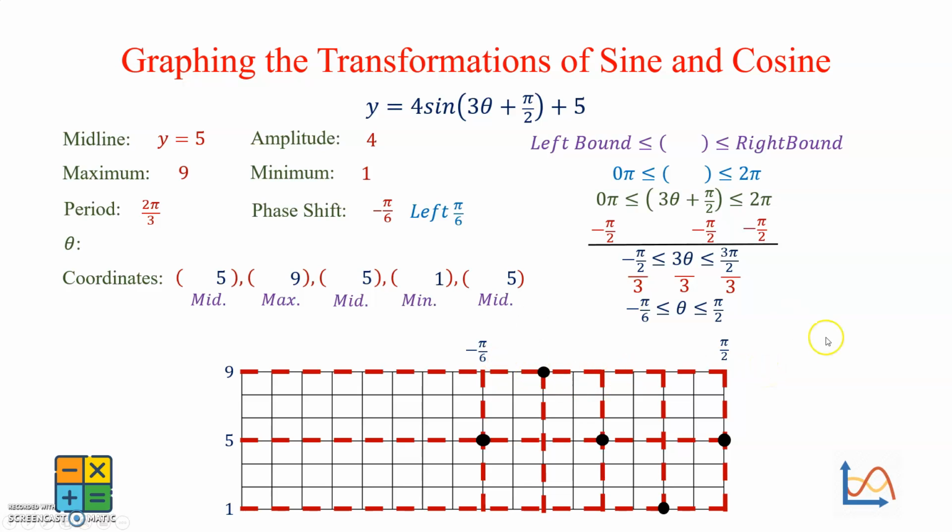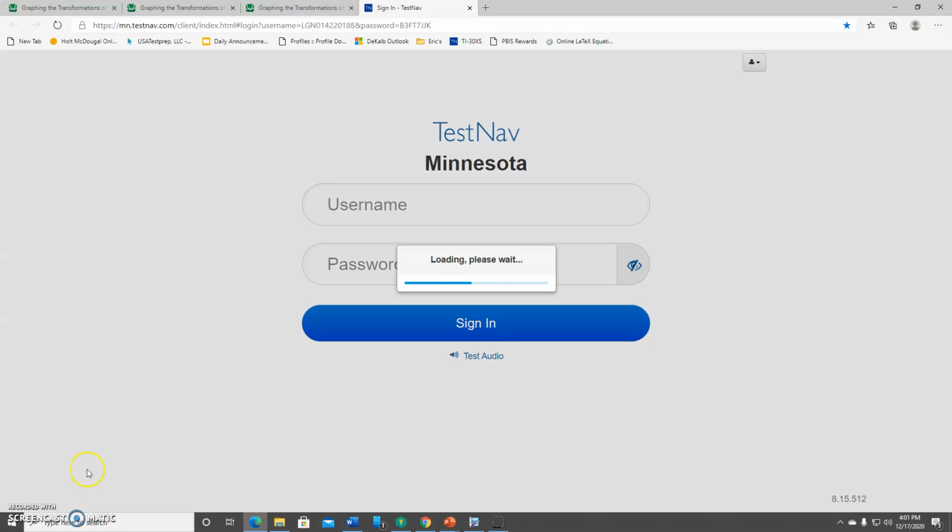So these are 2 of the 5 thetas. To find the other 3 is as simple as averaging. The average of these 2 points will give me this number. So let me quickly demonstrate that on the calculator. We got negative 1/6 and 1/2.